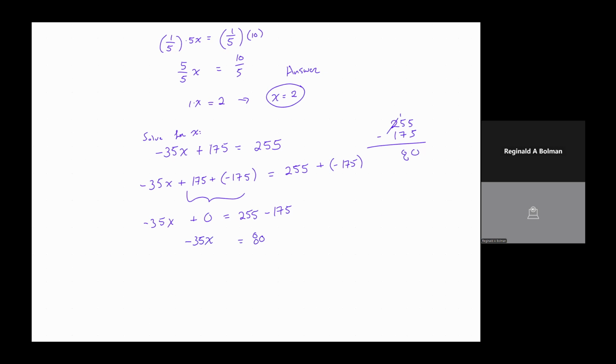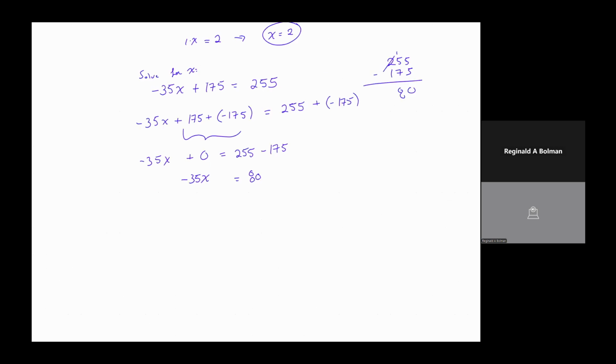Now you can use the multiplicative inverse of negative 35, which is 1 over 35. Since it's negative, your multiplicative inverse will also be negative, so I'll have negative 1 over 35. You have to do what you do to one side to the other as well, so we multiply negative 1 over 35 with the 80 as well. We can't just do it to one side.